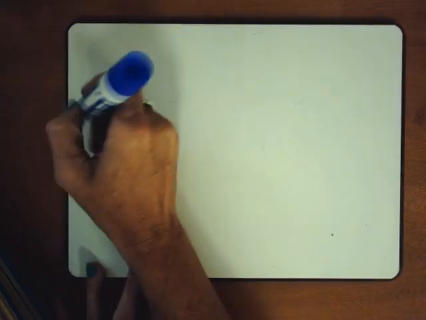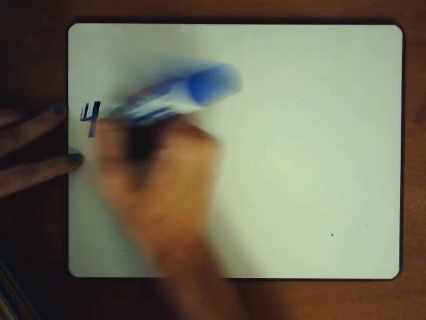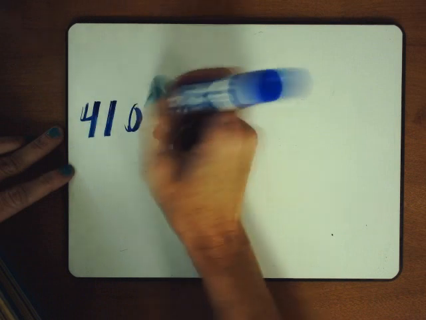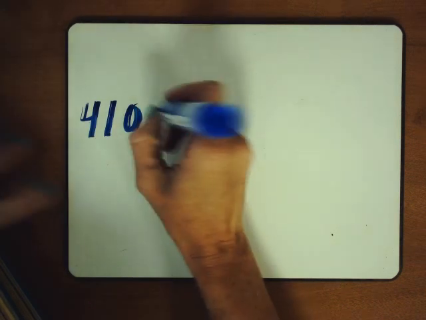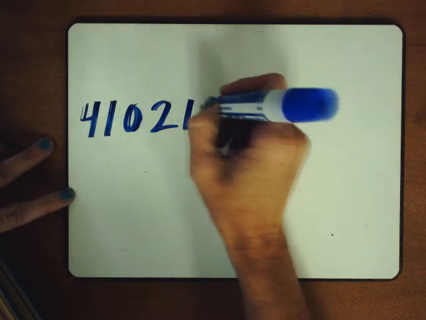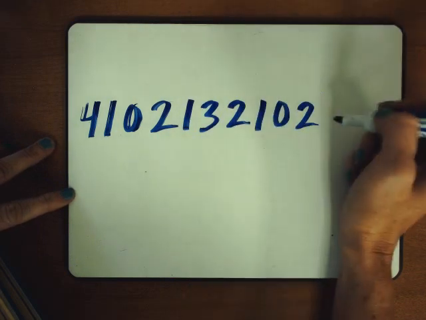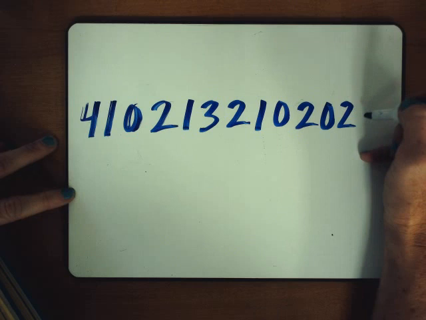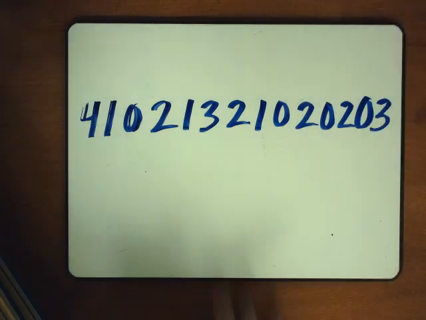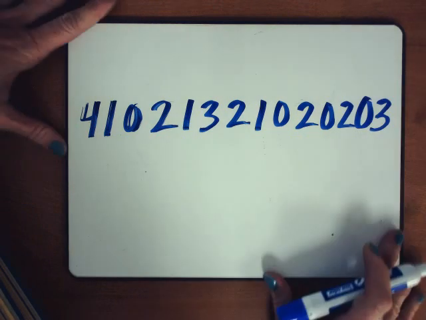Okay, boys and girls, go ahead and turn your notebook the landscape long way and write down these numbers, and if at any point you need to pause the video, go ahead and do that. 4, 1, 0, 2, 1, 3, 2, 1, 0, 2, 0, 2, 0, 3. Here are the number of hits made by 14 players in a baseball game.